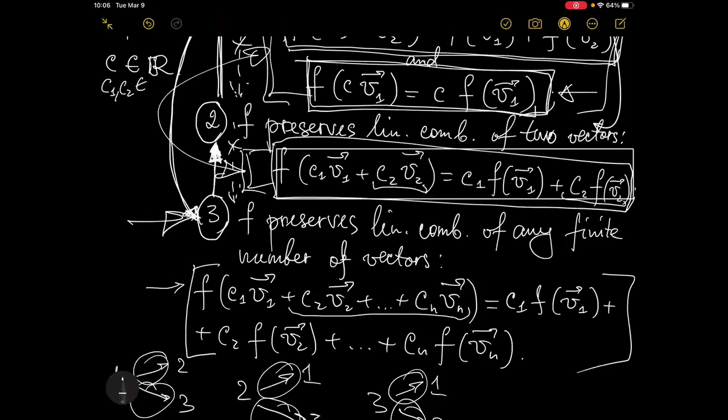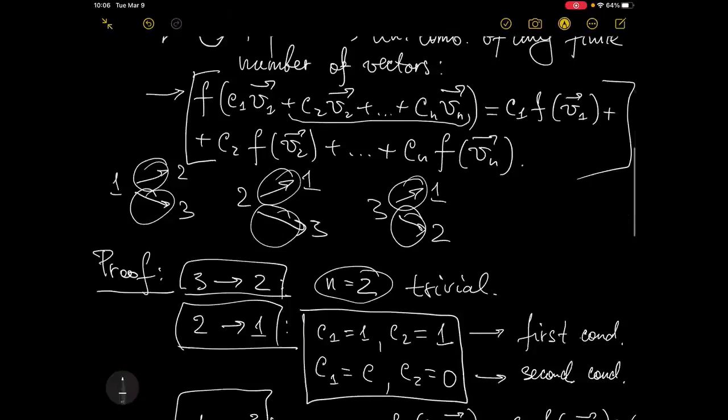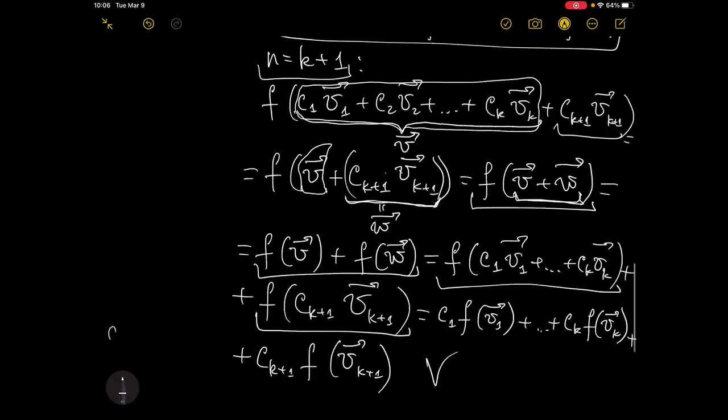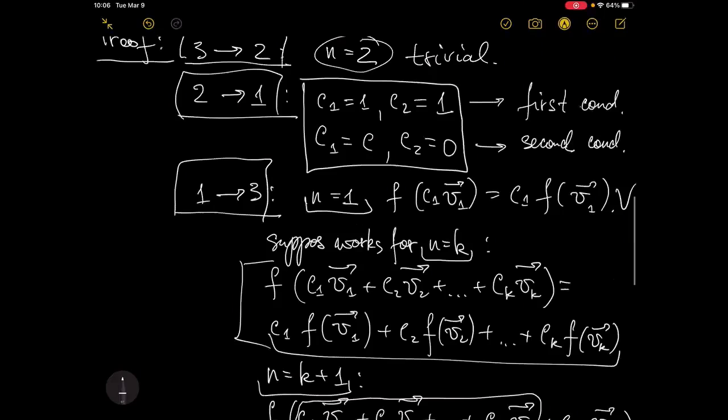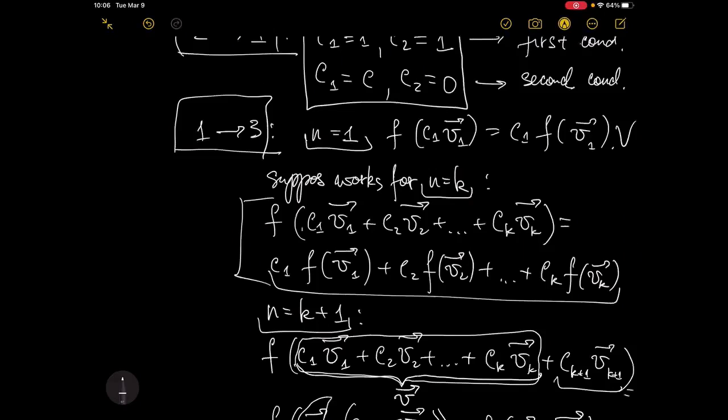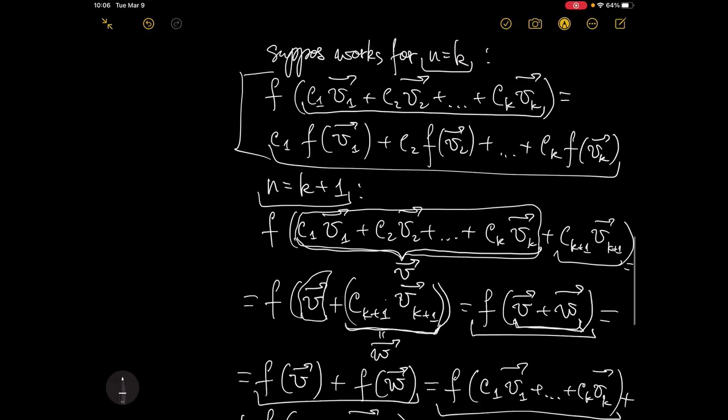So yeah, n plus 1 creates a second vector. Or k plus 1, I'm sorry. Yes, so you see, for n equal to k, we have exactly a linear combination of k vectors, right? Now, when I consider the case n equal to k plus 1, I need to consider a linear combination of k plus 1 vectors, right?